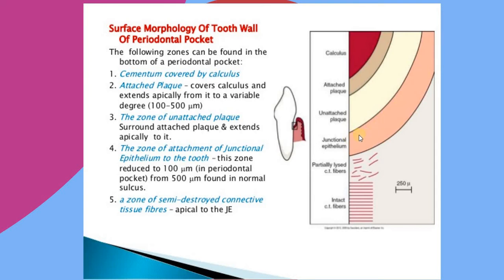We have junctional epithelium on the tooth surface, and also an area of destroyed connective tissue apical to the cemento-enamel junction.